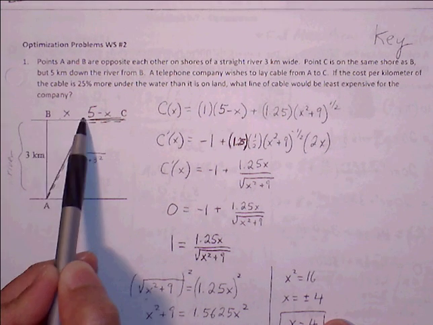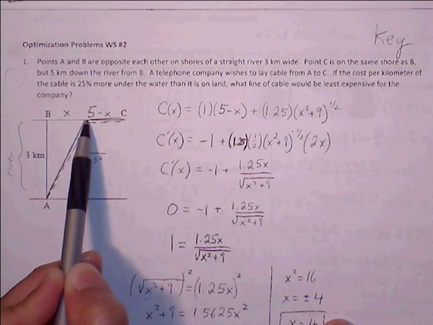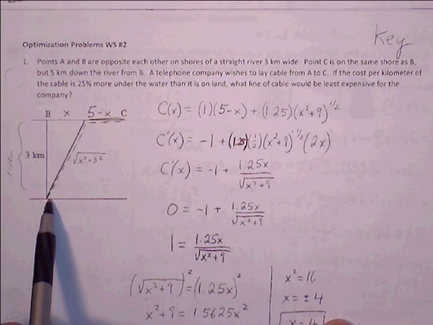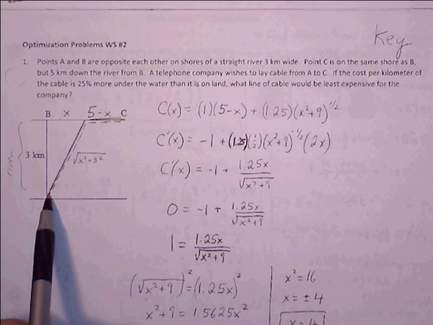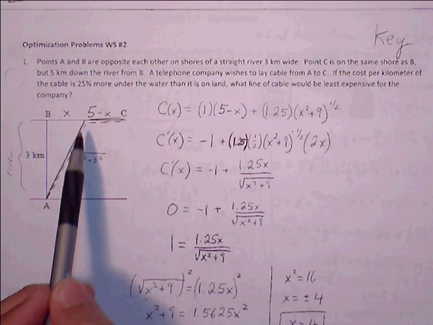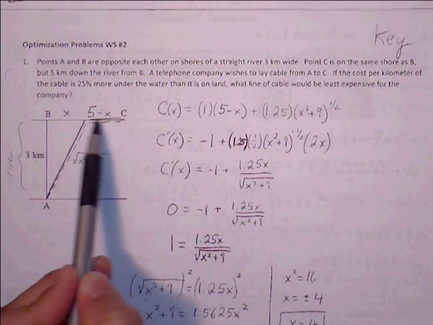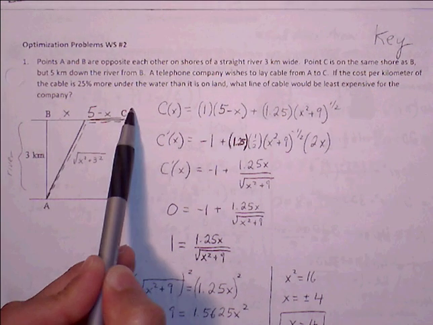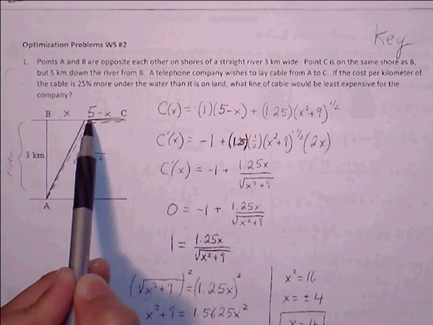If the distance from point B to whatever point we want to identify, to connect the endpoints of the underwater cable, is x, then we know the remaining portion must be 5 minus x, right? Because we know the entire distance between B and C is 5 kilometers. So 5 minus x is the remaining distance.